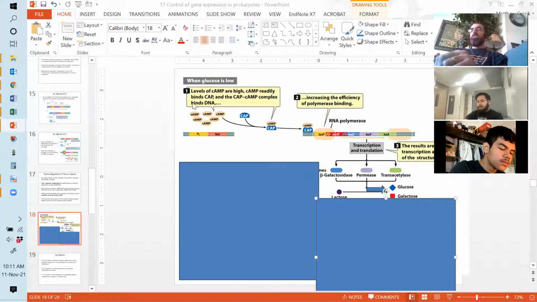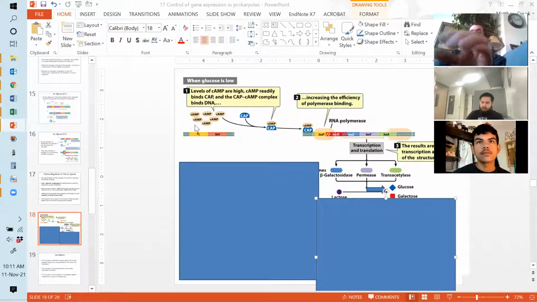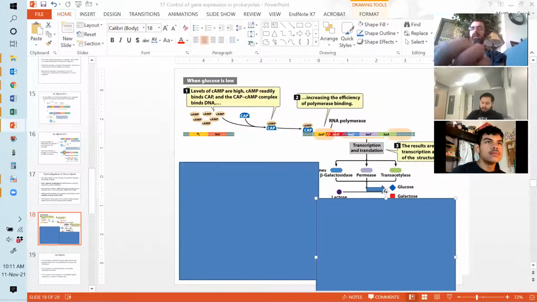And the way that glucose levels or lack of them feeds into lac operon expression is that when there's a lot of cyclic AMP, it binds to CAP. And that complex helps RNA pol bind to the LAC-P promoter.